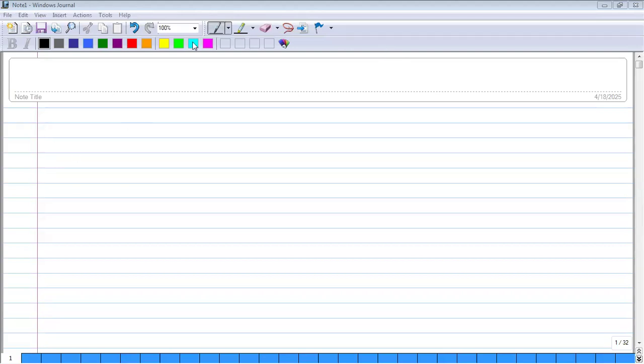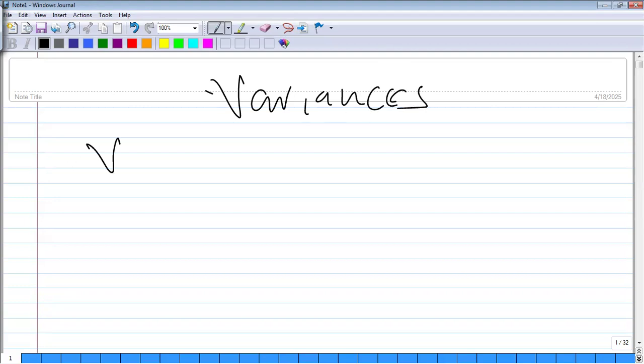So yesterday we did look at several variances. We started by looking at the variable cost variances.